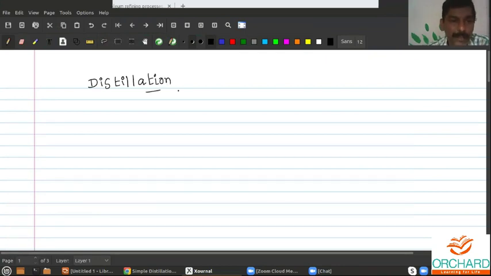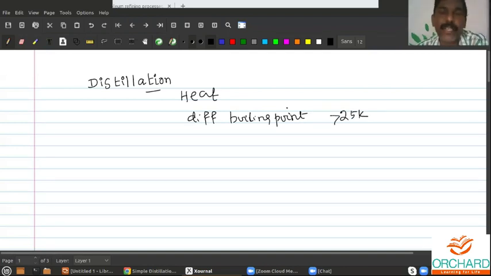In distillation, we heat the mixture of two different liquids which have different boiling points, and the difference in boiling points should be greater than 25 Kelvin.